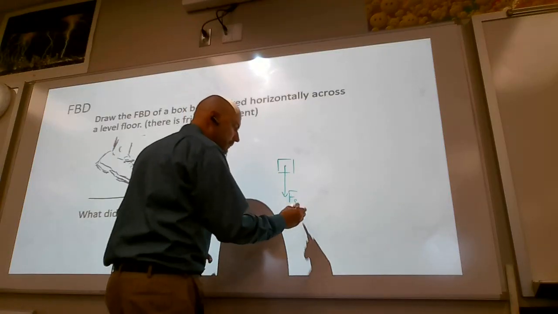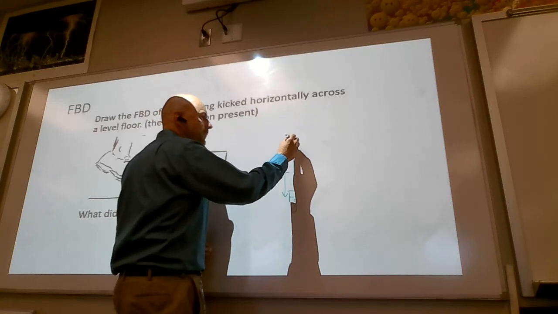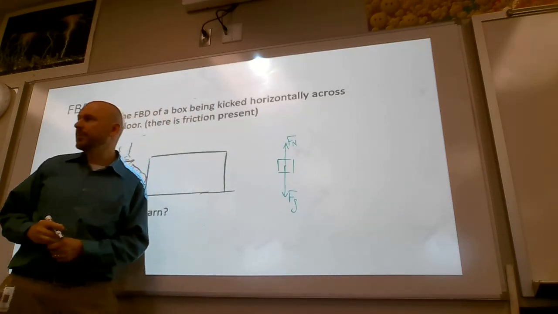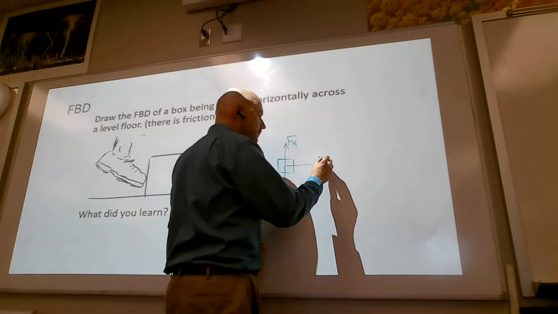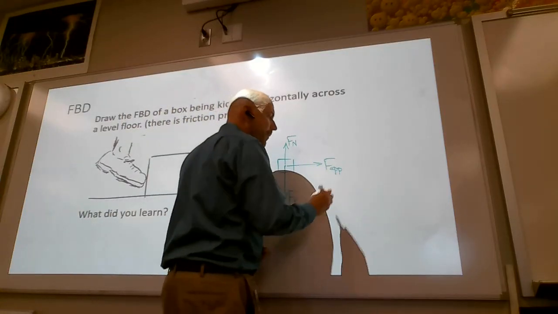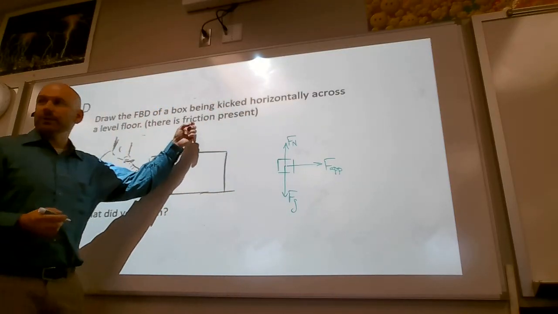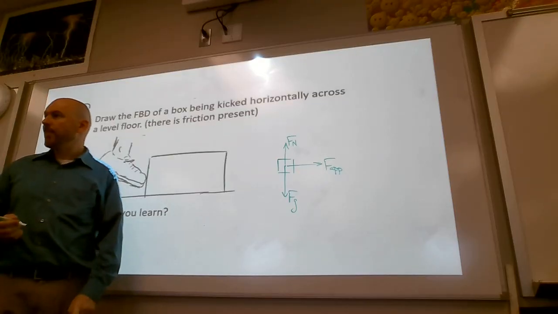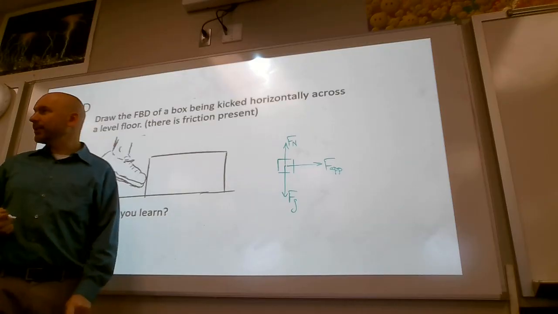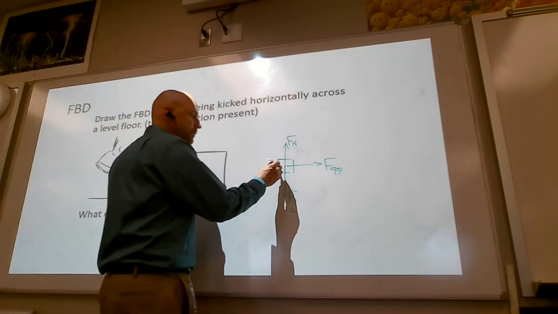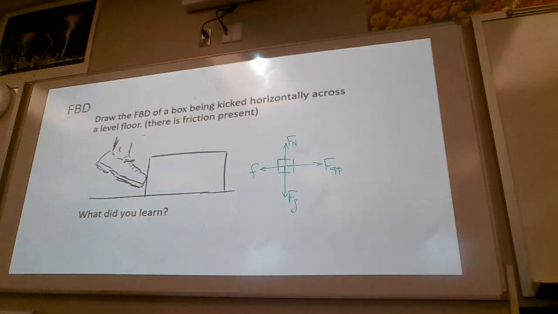Here we have gravity going straight down. It's on a supportive floor, so there's normal force. I'm pushing it, so you have applied force. And friction is present. It's sliding this way, so friction opposes that slipping and sliding. How do we do?